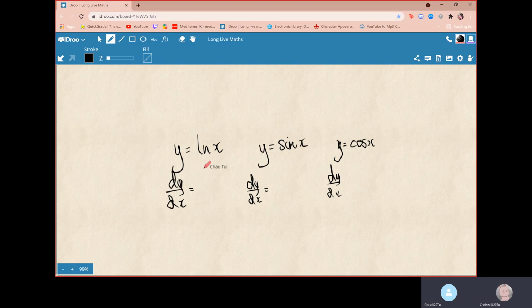Okay, let's do the kindergarten one first. I know how to do it though. How do you differentiate sine x? One. No. Wait, hold on, thinking.